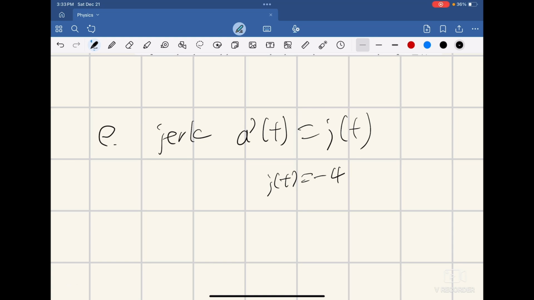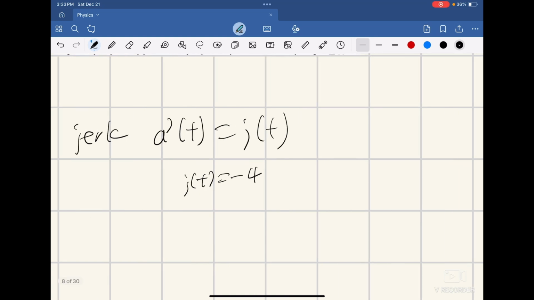So we know the jerk of the system because the slope of A(t) is given.